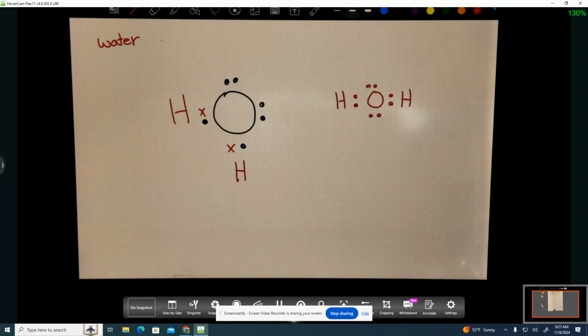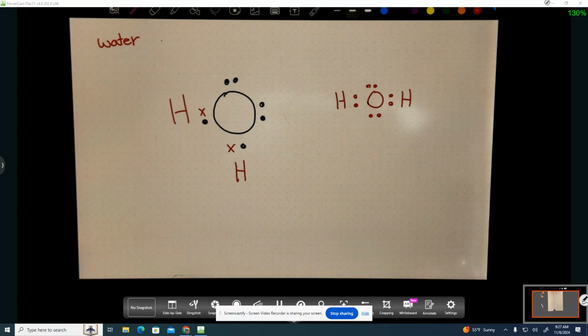I don't want you to draw it like this, because when you draw it like this, you are going to say that that is not a bent molecule. That looks like a straight line to me. It's not the way it is. And you guys are only 14, 15, 16 years old. You don't have the experience to interpret this in your head. So the water molecule, I want you to always draw it as a bent molecule, just like this.